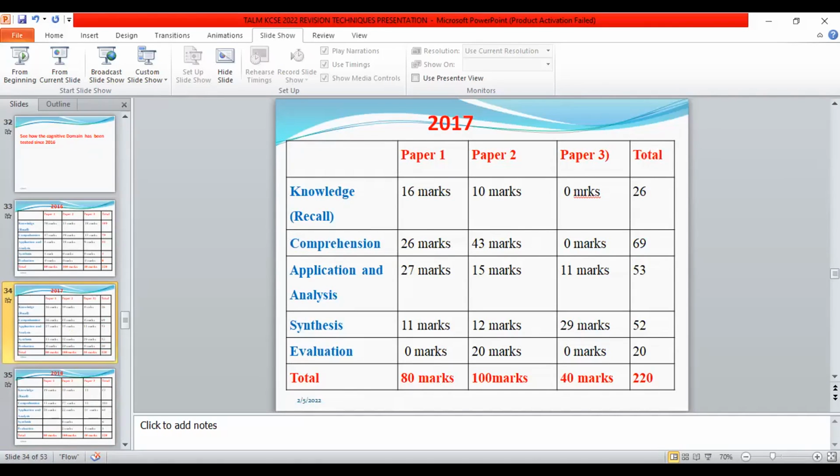Application and analysis, 27 marks paper 1, 15 marks paper 2, 11 marks paper 3, total 53. Synthesis, for the first time, we saw questions on synthesis being set: 11 marks paper 1, 12 marks paper 2, 29 marks paper 3, total 53.